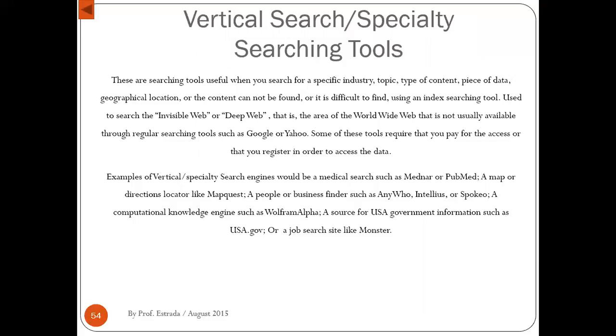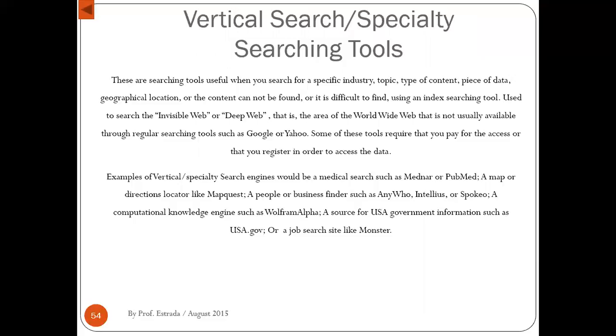The area of the World Wide Web that is not accessible to most users is often called the invisible web or deep web. Some of the sites in the deep web are available to users by paying for access or by getting a registration.